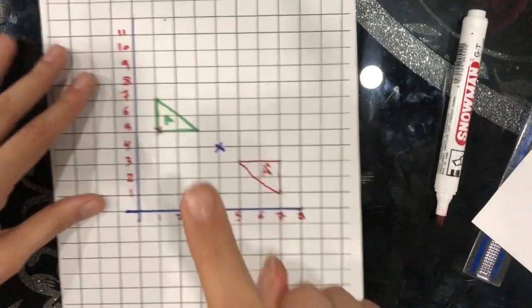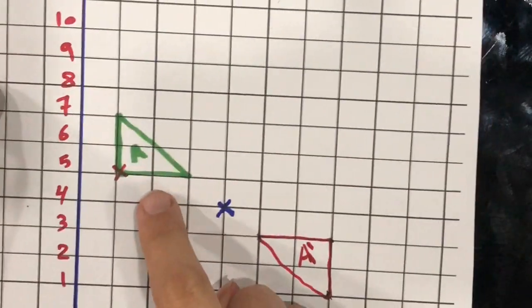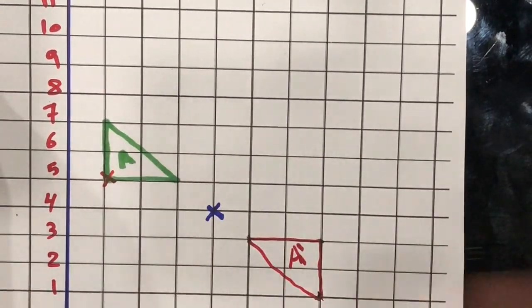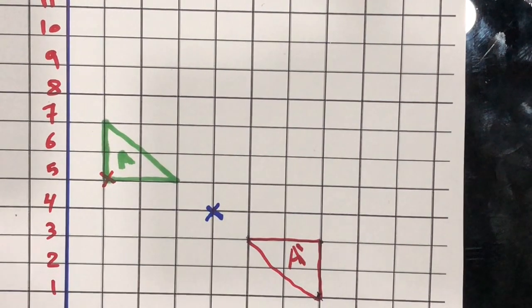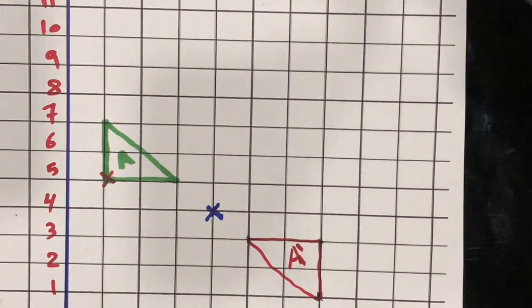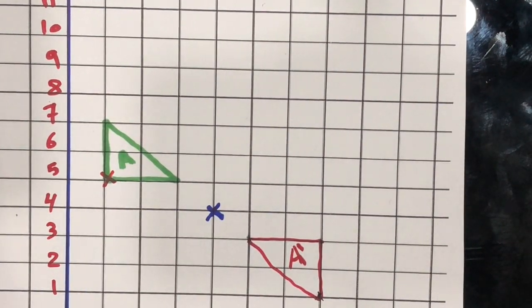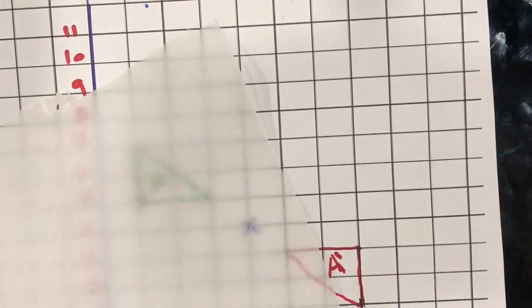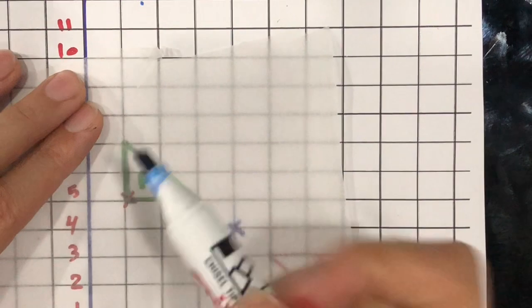So I need to rotate this triangle 90 degrees about the point 1, 5. This is my tracing paper. Now, this is my triangle.